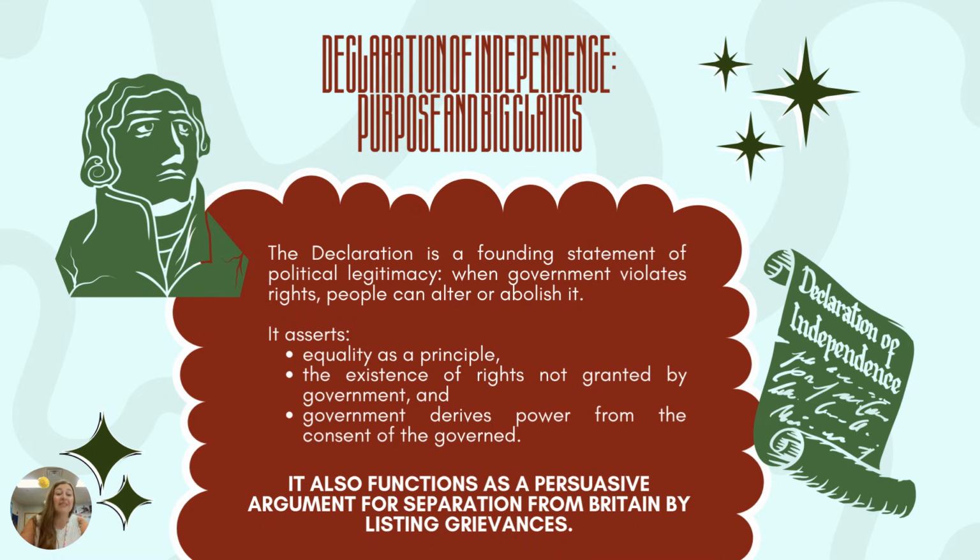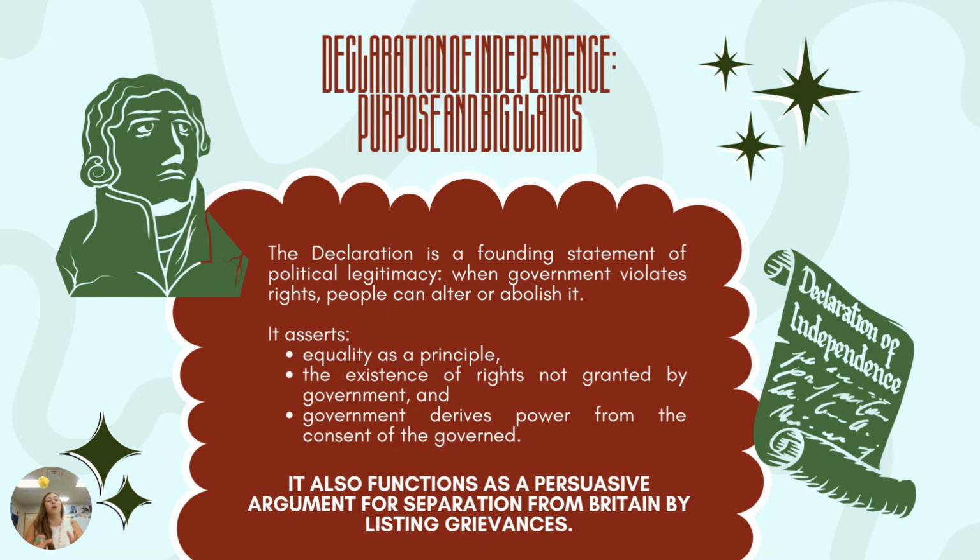Probably the most famous line in the Declaration of Independence is, we find these truths to be self-evident, that all men are created equal, that they're endowed by their creator with certain natural rights, right? The existence of rights doesn't come from government. It comes from a higher authority, right? A higher power.